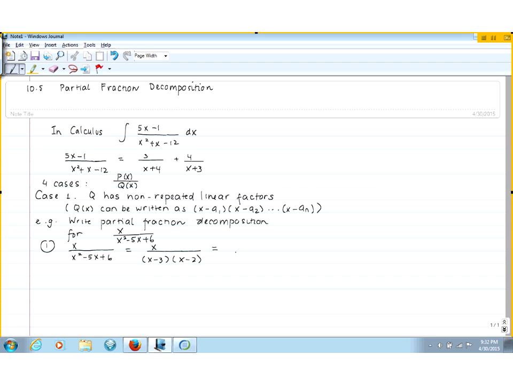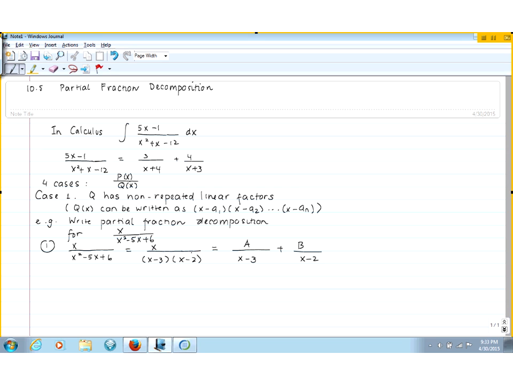Now this is linear and non-repeated. If it is linear, we have a constant on top: a over x minus 3 plus b over x minus 2. The term we put in the numerator is 1 degree less than the linear term, so this is 0 degree. 0 degree means constant.